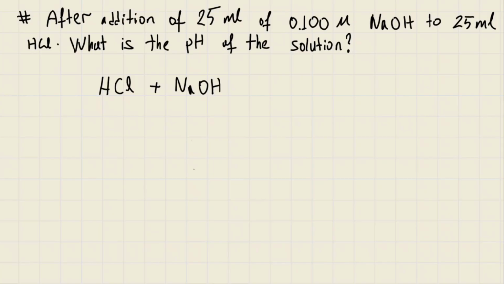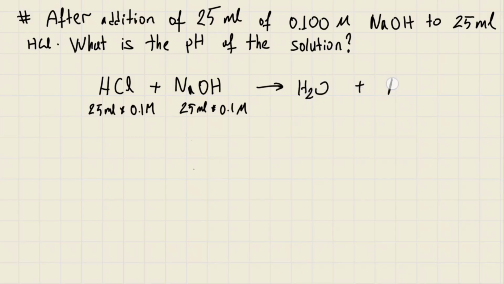In our case, 25 milliliters times 0.1 molar HCl, and 25 milliliters times 0.1 molar sodium hydroxide. It neutralizes and creates water and sodium chloride. So again, this is 2.5 millimole and this is 2.5 millimole.